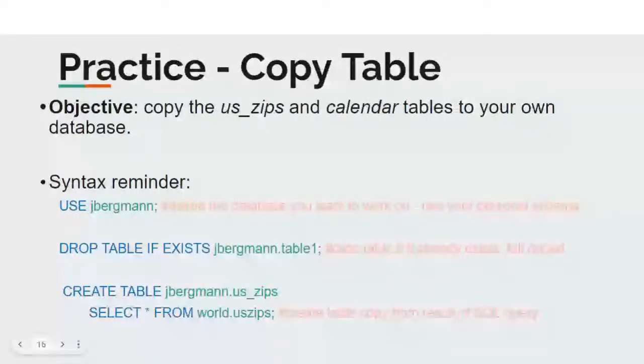So syntax that you can use, I don't have an example for this one yet. But use whatever the name of your schema is, mine would be J Bergman, or anybody else's.